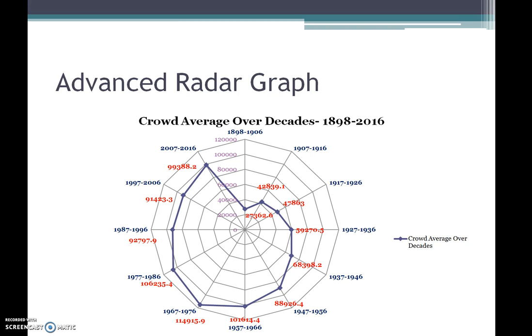Now if we look at my advanced radar graph here, we can see that our first decade, 1898 to 1906, we've got an average of around 27,000, and this increases to 42,000 the next decade, 47 the next decade, 59 the next decade after that, 68, then 88, then 101, and then peaking at 114.